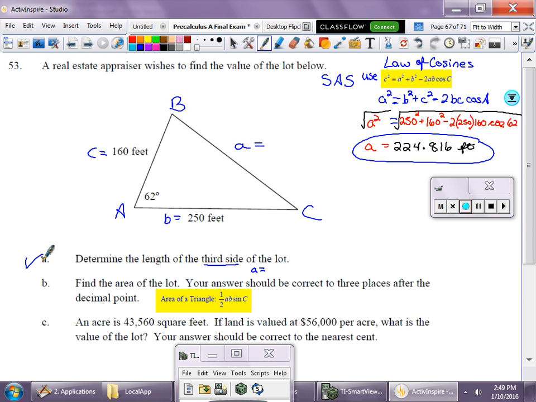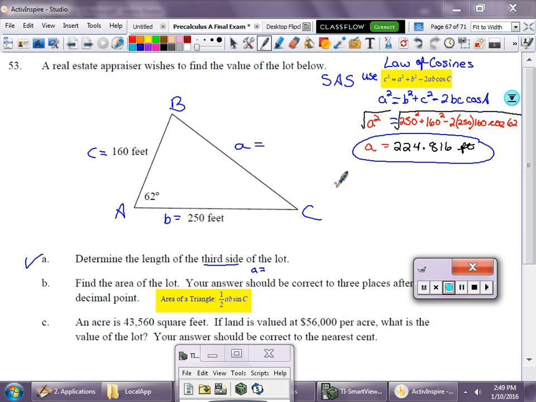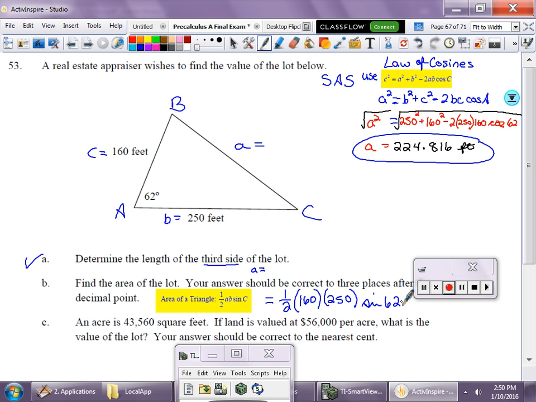Second problem is area again. Well, we just substitute to find that area. Area is equal to 1/2. I put the formula here. Again, took the liberty. Please do the same. Write down a formula. Be careful: whenever we're using this for side, angle, side, they're going to give you two sides. So the two sides are 160 and 250, and the sine of the one given angle, 62, equals.